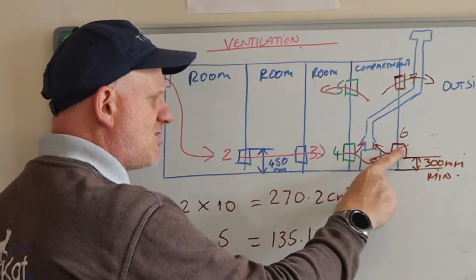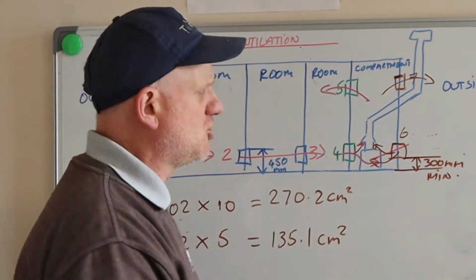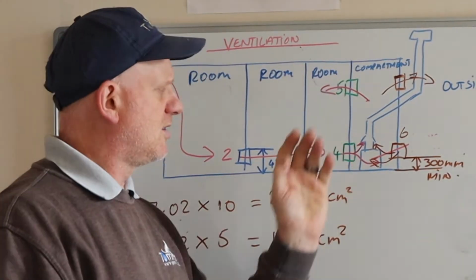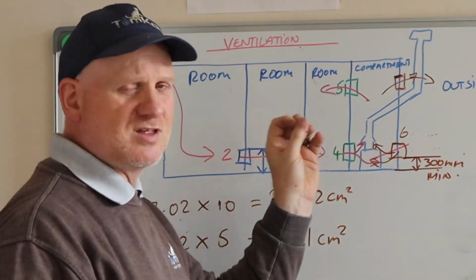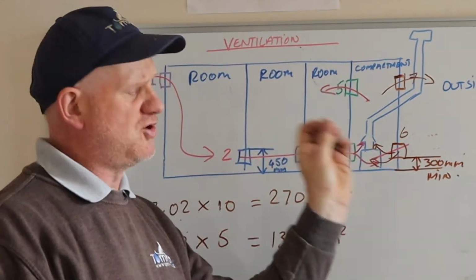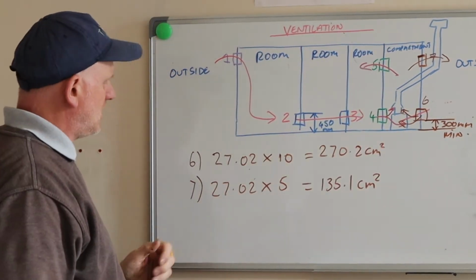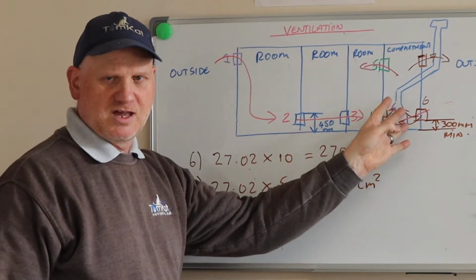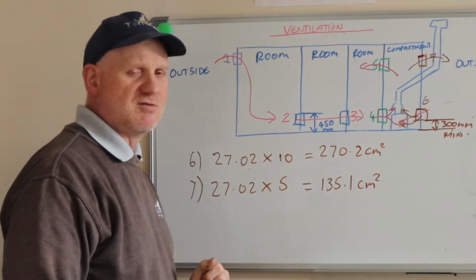Now the bottom one again supplies the air for combustion and diluting the products of combustion, and the top vent is then there for cooling the compartment. But this time we're going to times them by a different number. So if we take vent number 6 at the bottom, again we take our net kilowatts. Remember it was a 30 kilowatt gross boiler, we've now turned it to net 27.02.